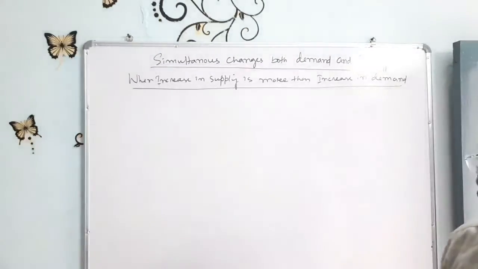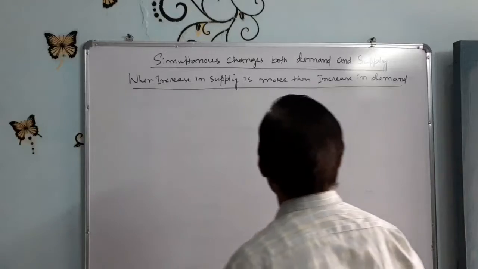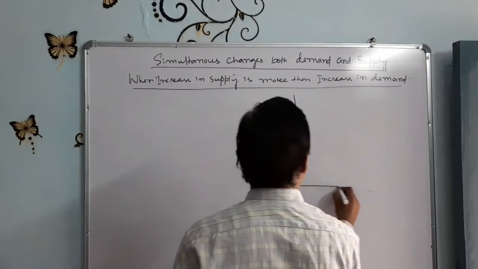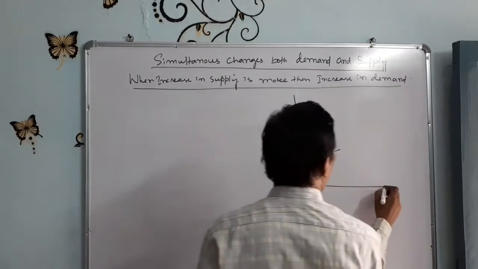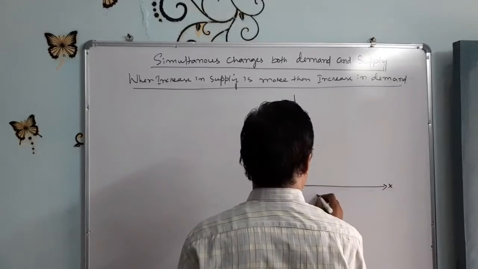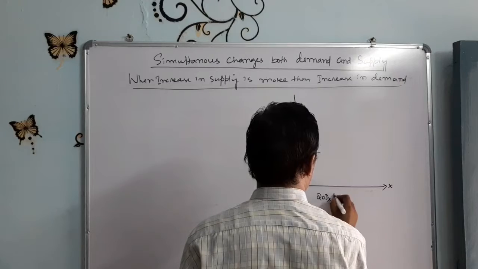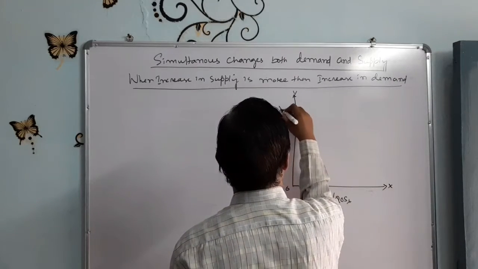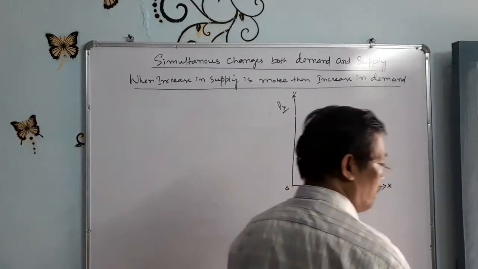Now I will draw that diagram. On the OX axis, quantity of demand of X goods and quantity of supply of X goods, and the OY axis is the price of X goods.